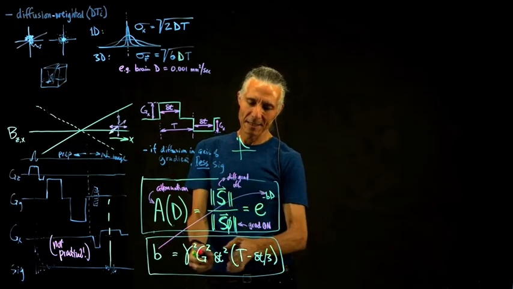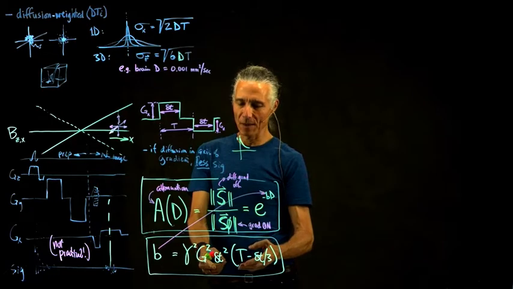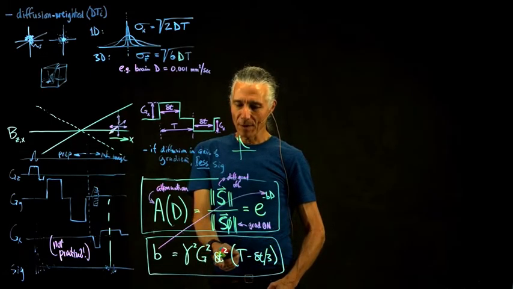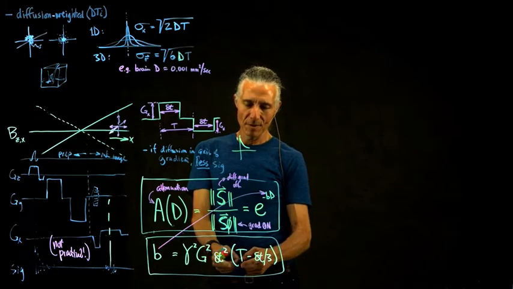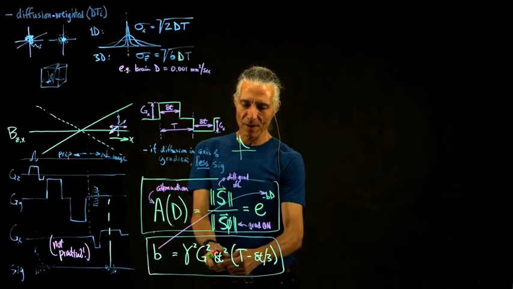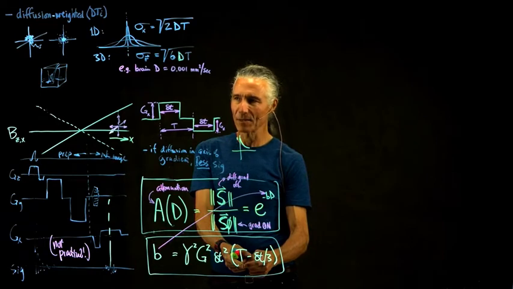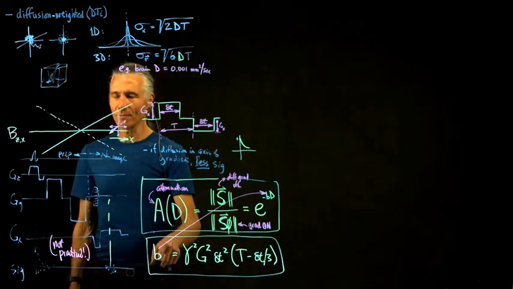In some respects it doesn't matter, because all of these things can be traded off for each other. If you leave the gradient on longer, that's equivalent to turning the gradient strength up, and that's more effective than just turning the time up, because the time is not squared. But they all affect the strength of this.